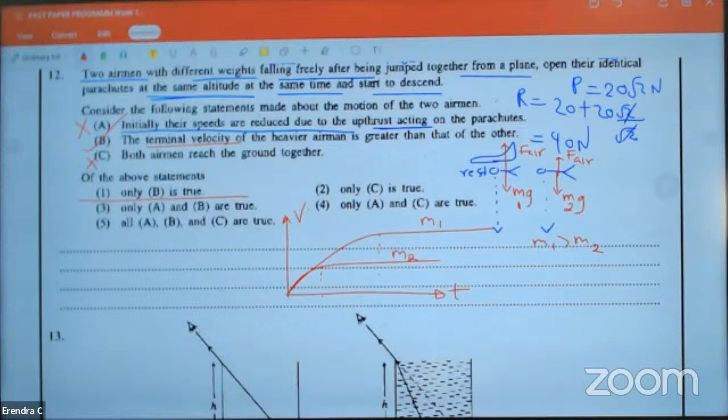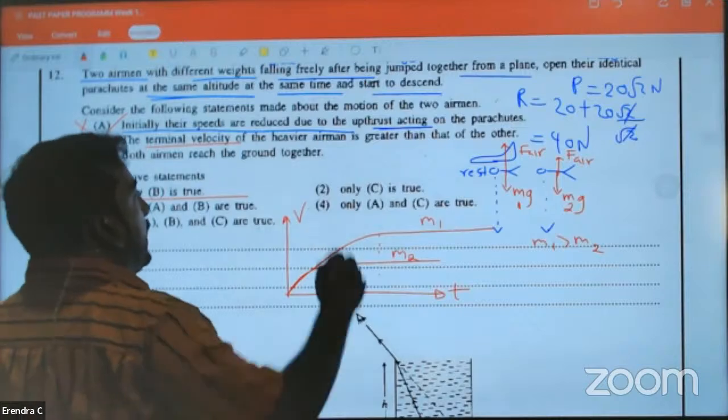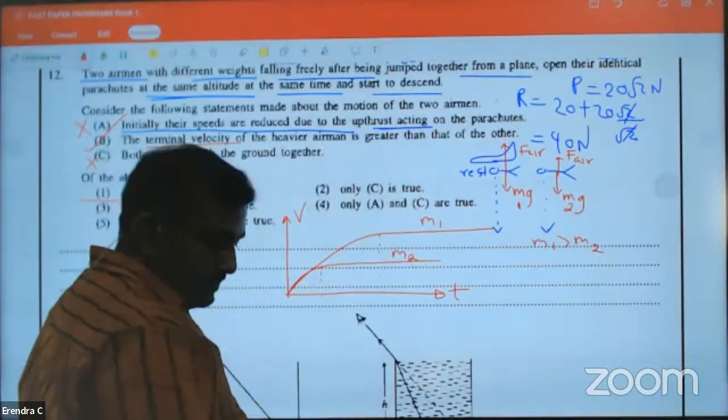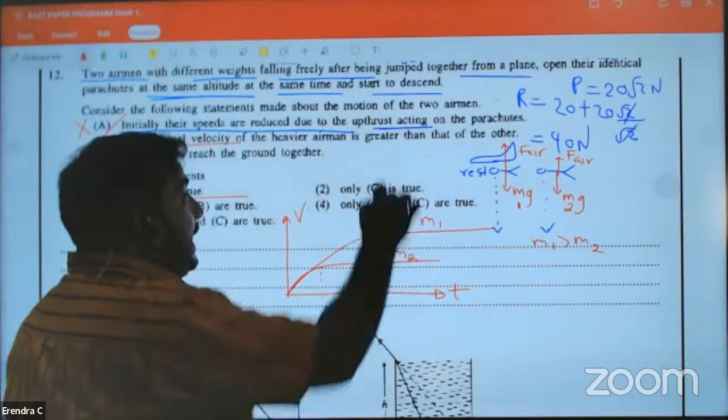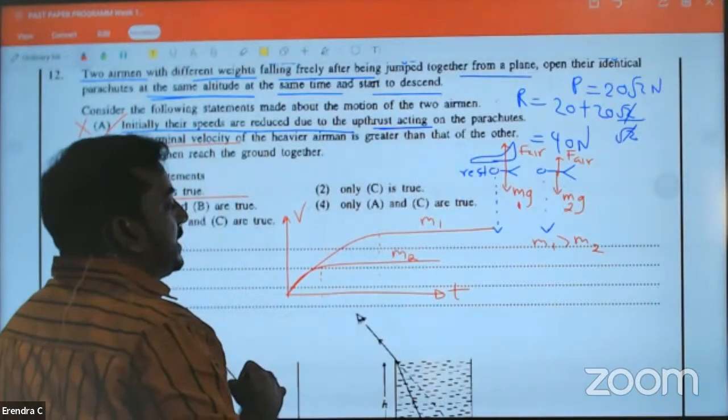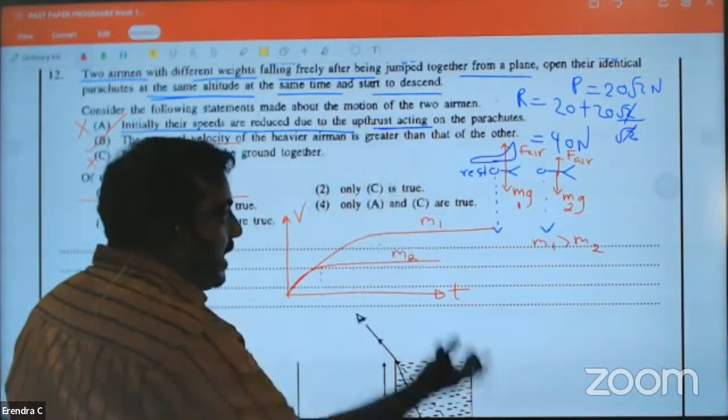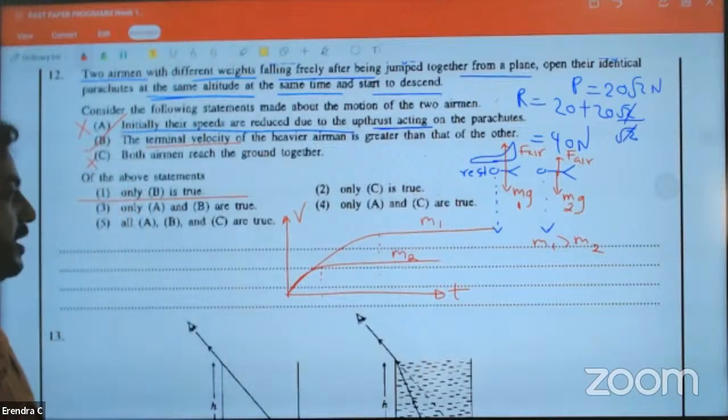The greater the terminal velocity, the quicker it will reach the earth.